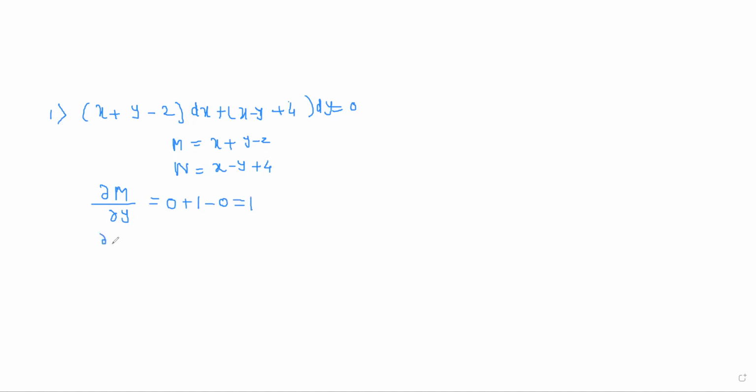Let's find out dou N upon dou x. So here dou N upon dou x is equal to, with respect to x, y is constant. So x's derivative with respect to x will be 1. y's derivative, as it is constant, is 0, and 4's derivative is also 0. So this is equal to 1. So what can you observe here?